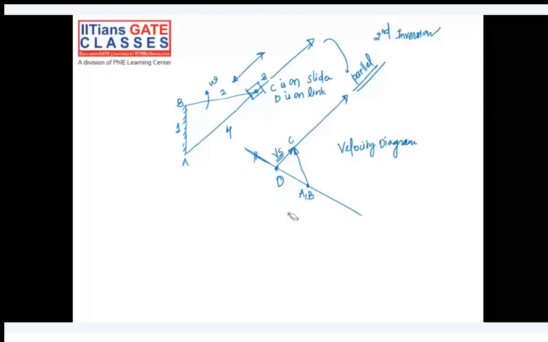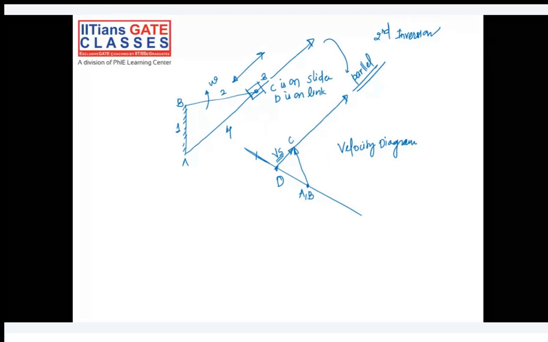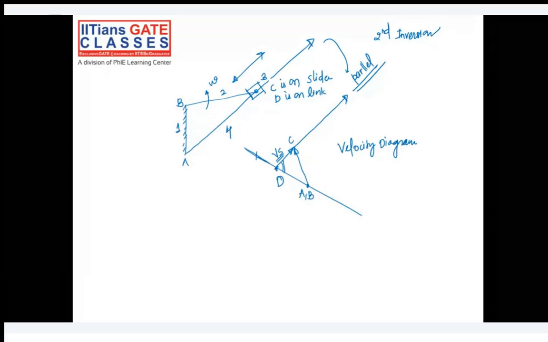Then what will be the angle between the velocity of the slider and the velocity of the link? You have to calculate this angle. Since Vs is along the link and the link velocity is perpendicular to that link, angle CDA will become 90 degrees, if I give you 90 degrees here.